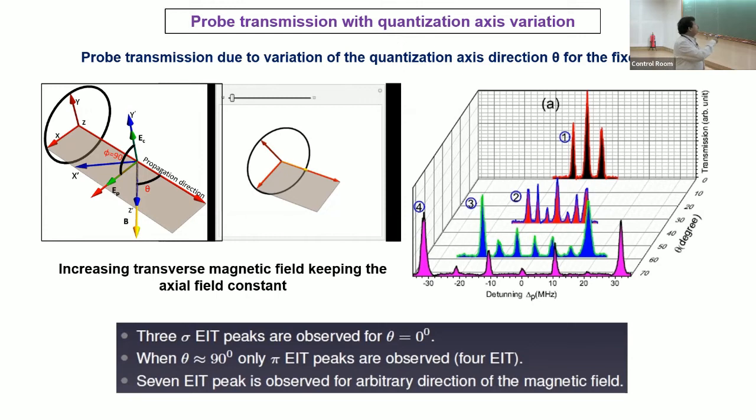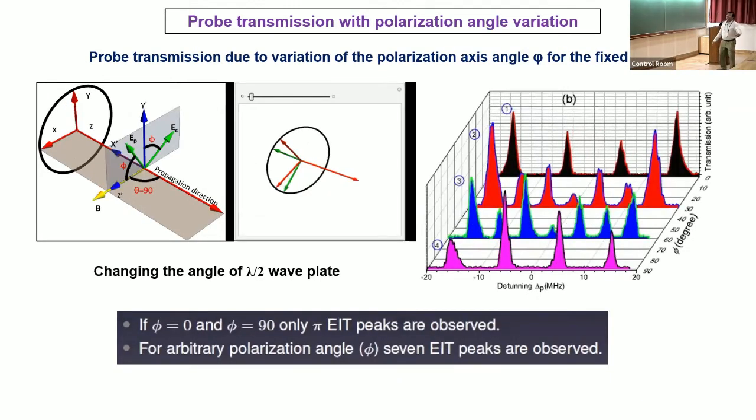Now, this is when I have the polarization axis at phi equal to 0. Now, keeping the quantization axis, that is B, at theta equal to 90 degrees, I now change the polarization axis.